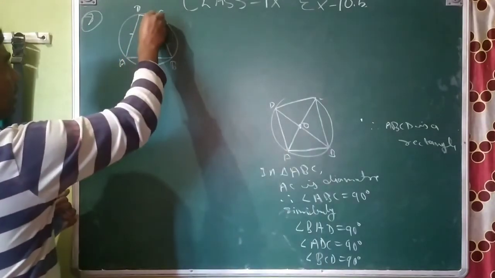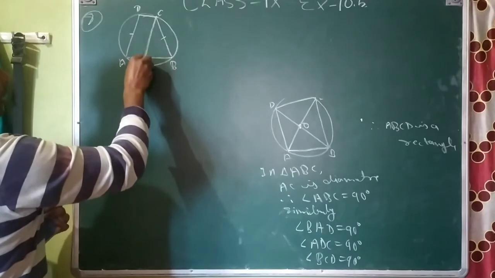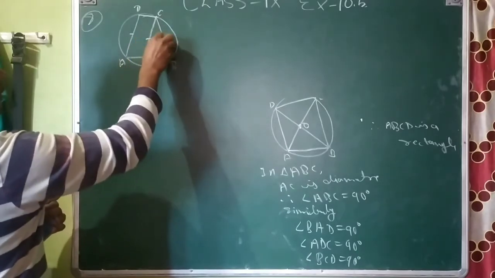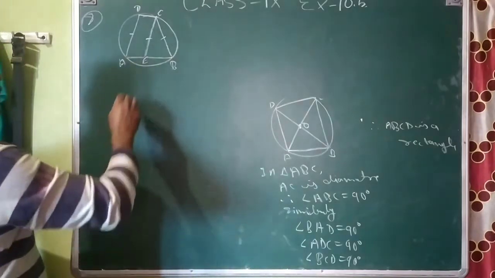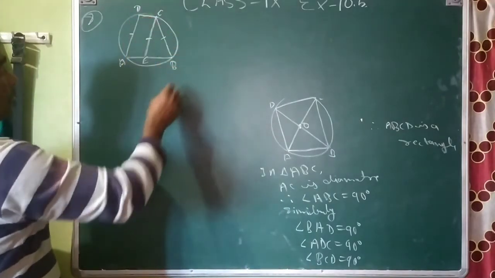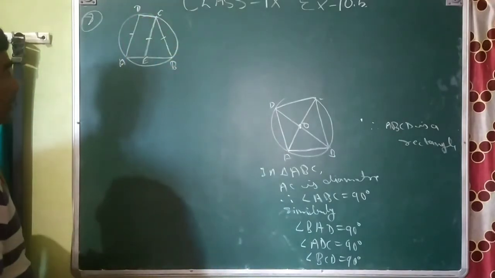So we will draw this line parallel to this one, E. This will also be equal to them, right? Now we need to prove that angle D plus angle B is equal to 180 degrees. So that will be cyclic.